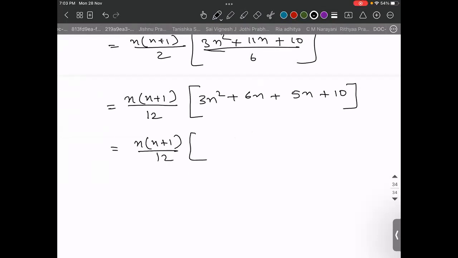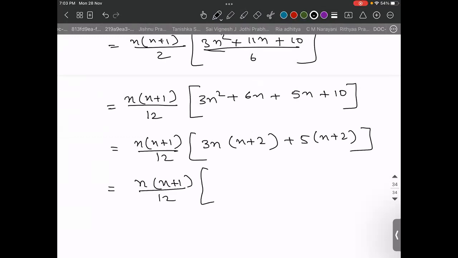Okay, so 3n into n plus 2 plus 5 into n plus 2. Can we write like this? Yes. N into n plus 1 upon 12 into, sorry, we can write this as n plus 2 and 3n plus 5.